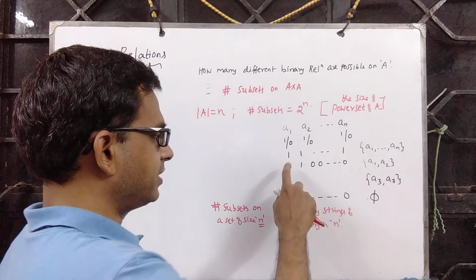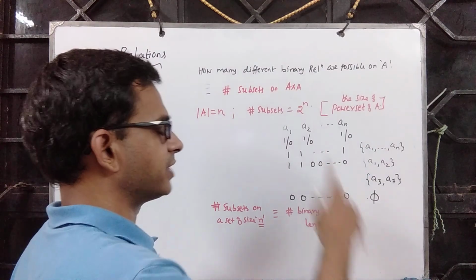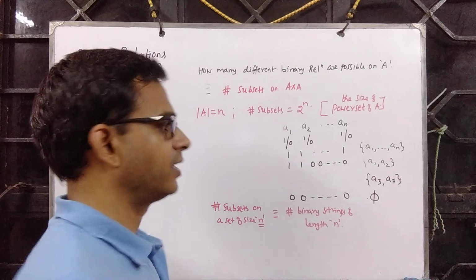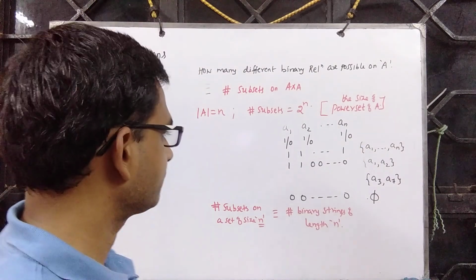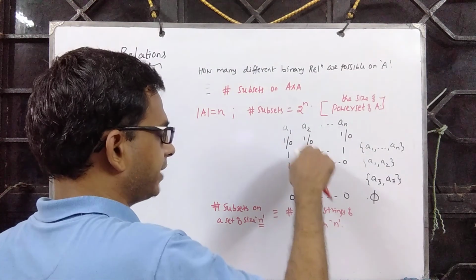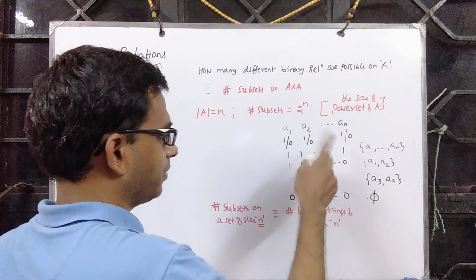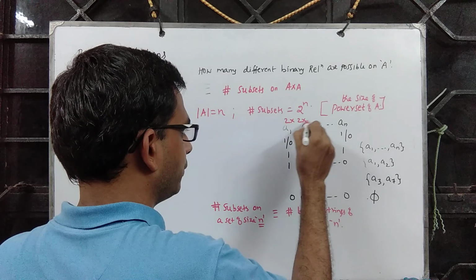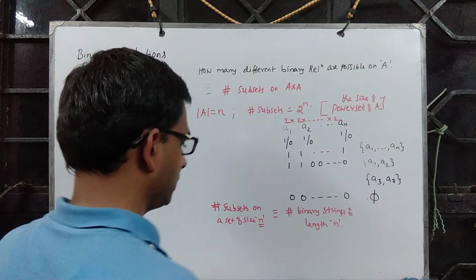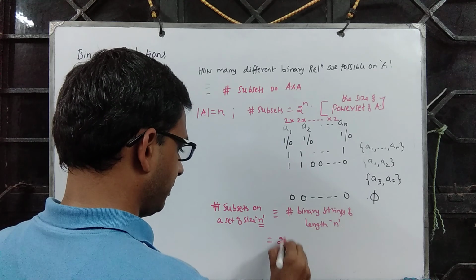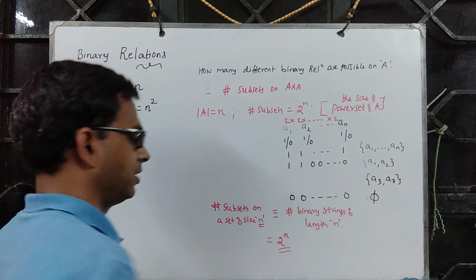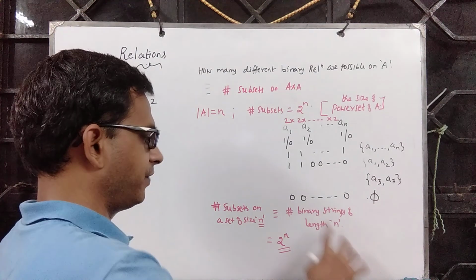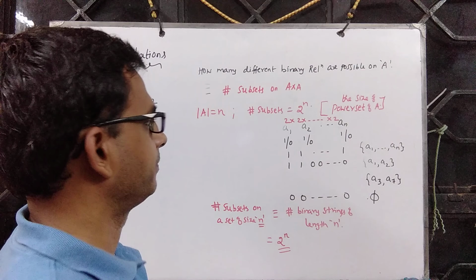Each binary string corresponds to a subset. Equivalently, from a subset you can generate an equivalent binary string. Now each element has two possibilities, 1 or 0. So in some sense it is 2 into 2 into 2, n times. Therefore the number of subsets on a set of size n is 2 power n, or the number of binary strings of length n is 2 power n.